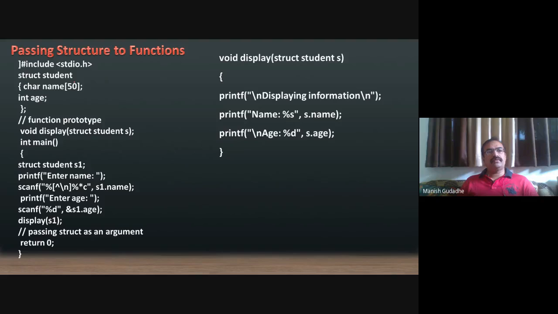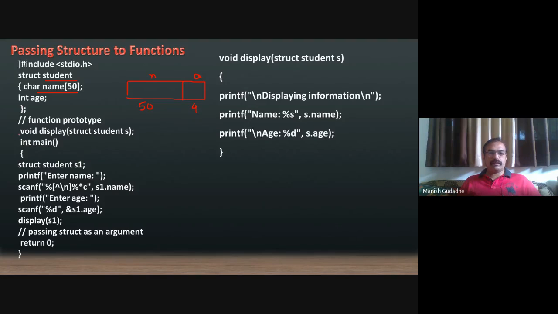A structure is defined by the name student, which has a character array name of size 50 and age as an integer. So there will be 50 characters, as one character takes one byte, and let us say 4 bytes for the integer. So the total size of student will be 54 bytes. So this will be name and this will be age. This way it can be created.